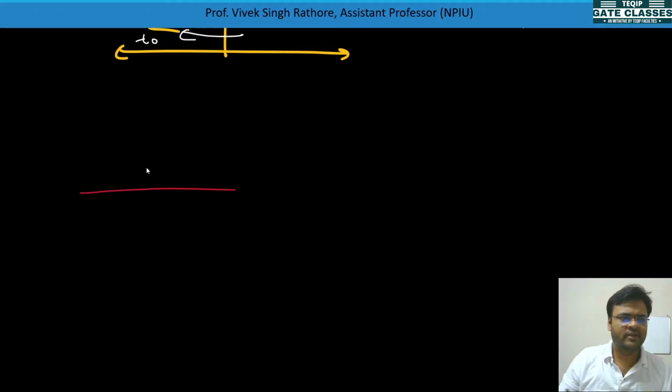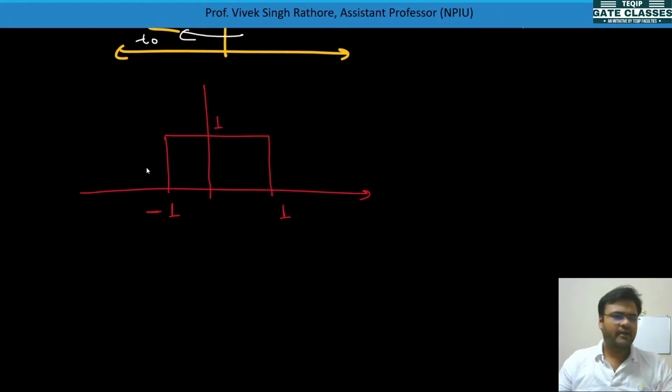Let's say one signal is there, a rectangular pulse from minus 1 to 1, with magnitude 1, represented as f(t).